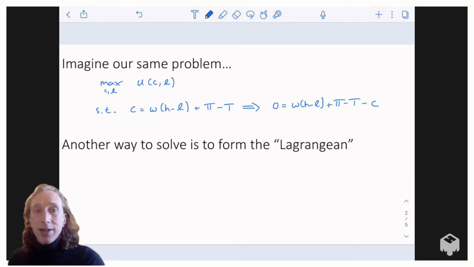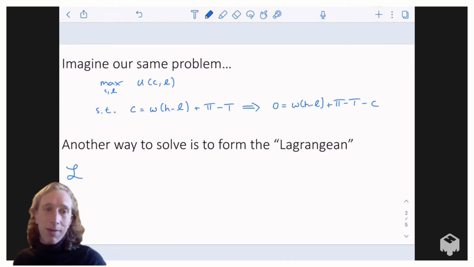So now another way to solve this maximization problem is to form the Lagrangian. So the Lagrangian is just a specific function, okay, and we denote it with this kind of fancy L. If you're famous enough in science and math, you get a letter devoted to you. So here's the Lagrangian L. And what's the Lagrangian?